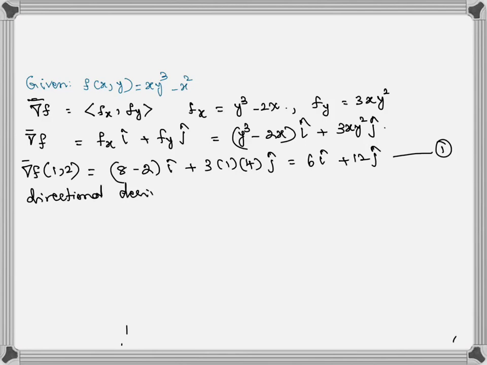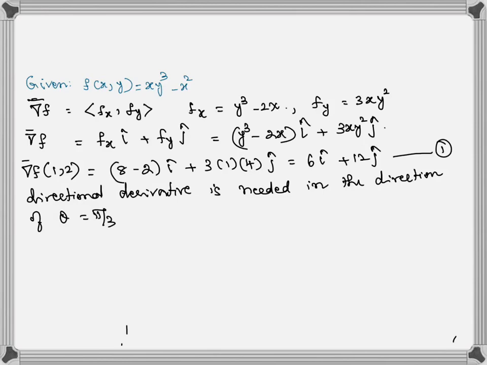Now the directional derivative is needed in the direction of theta equal to pi by 3. So we need to find the unit vector in the direction of pi by 3. A unit vector is a vector of length 1.